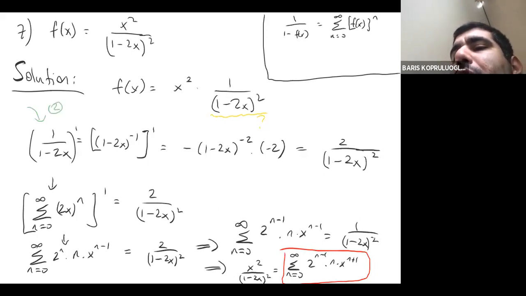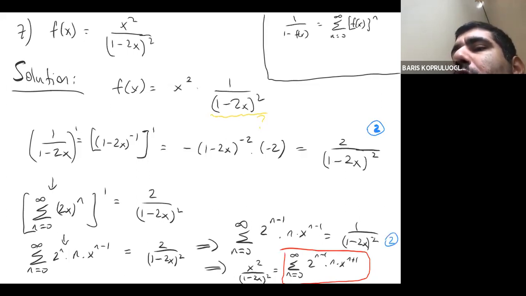And then if you manipulate it to x squared over (1 minus 2x) squared, you get 2 more points. Maybe I should say this is 2 points, and then this is also 2 points.